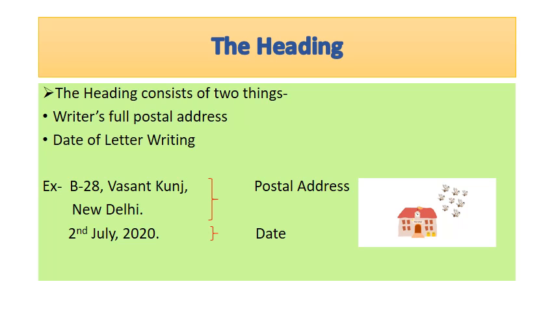Dear students, we all know a formal letter has different parts. The first part is known as the heading. The heading consists of two things: the writer's full postal address and date of letter writing. Dear students, you can see an example on the screen. B28, Vasant Kunj, New Delhi.